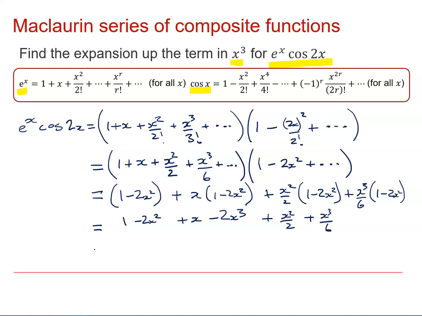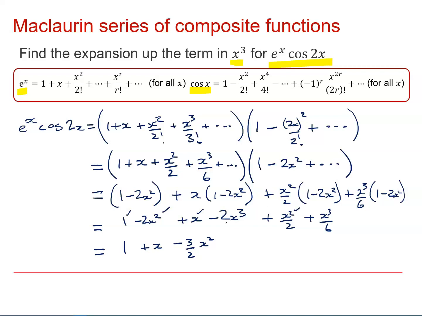And so that simplifies to 1. If I look for the x's, I've just got a plus x. Let's deal with that bit and that bit. And then x squared, so I've got a half x squared and a minus 2x squared, so that's minus 3 over 2 x squared. That's dealt with those.